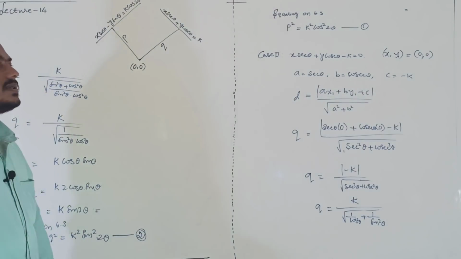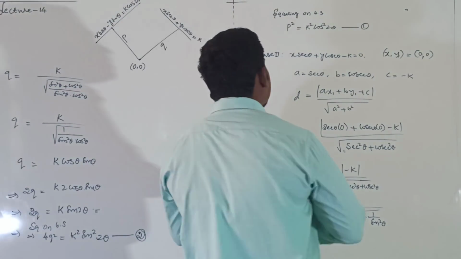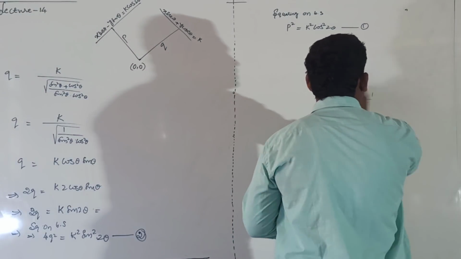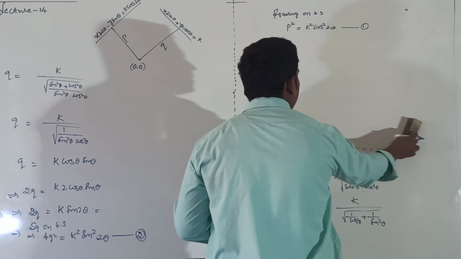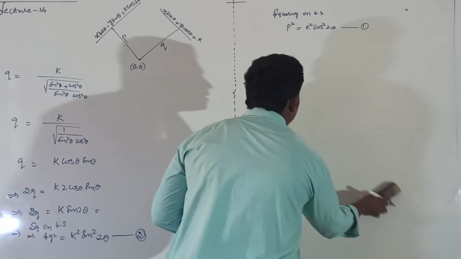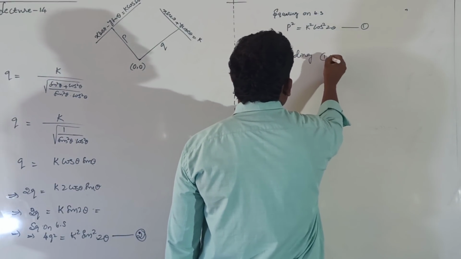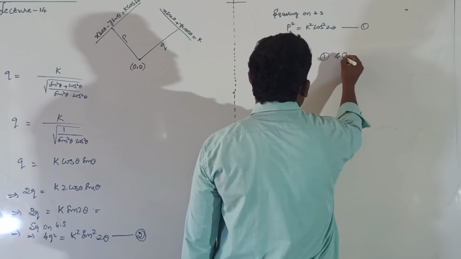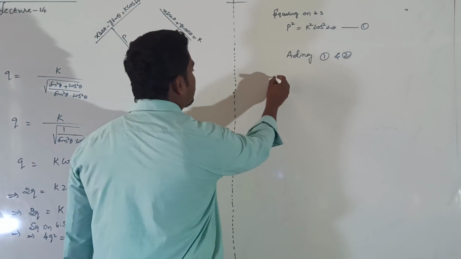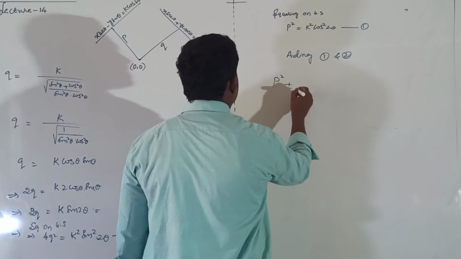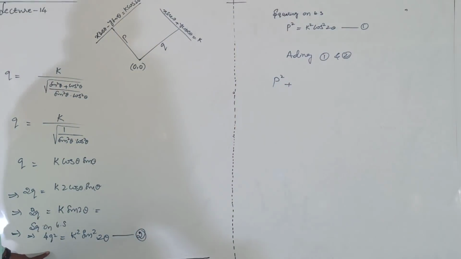Now look at 1 and 2. Adding equation number 1 and 2, what happens? Adding 1 and 2 means P square plus, what is LHS expression in equation number 2?